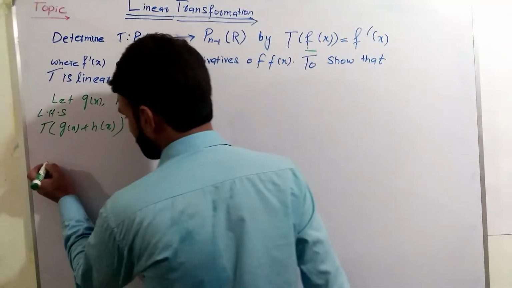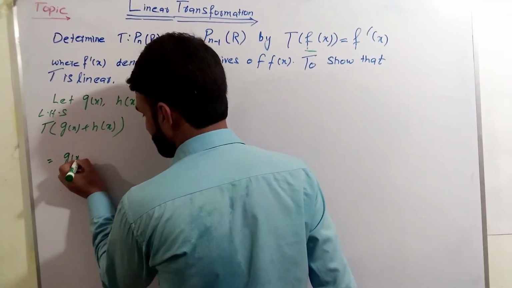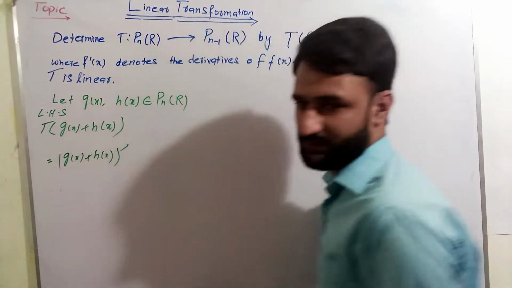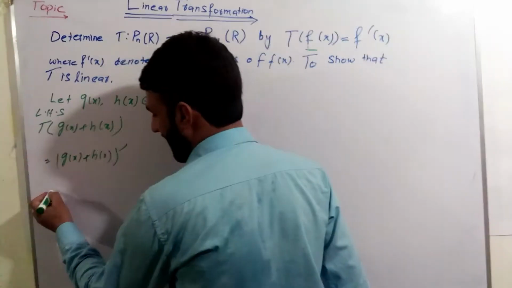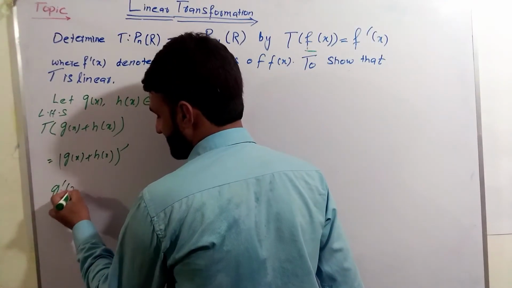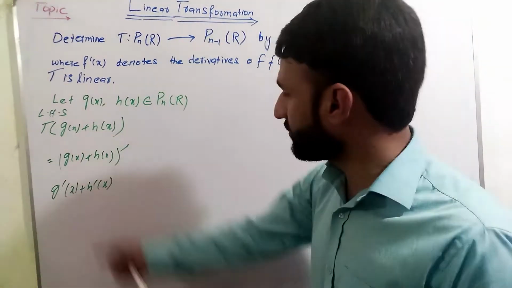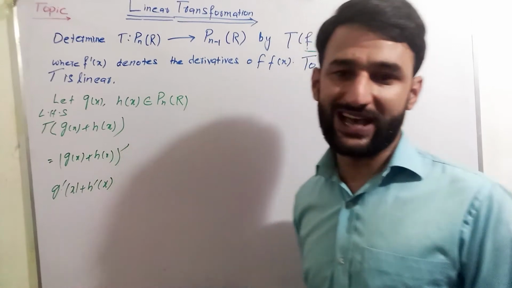So we can write it as the derivative of g of x plus h of x. Now you can separate it as g prime of x plus h prime of x. This is the left side of the expression.